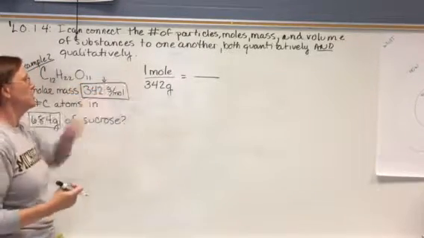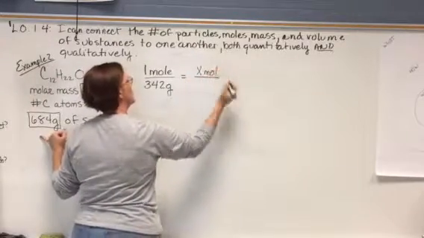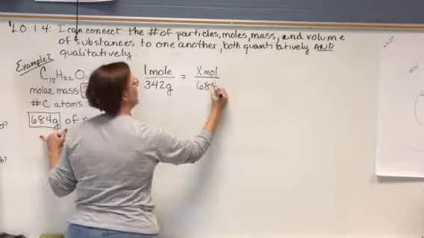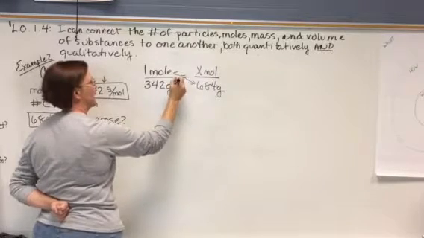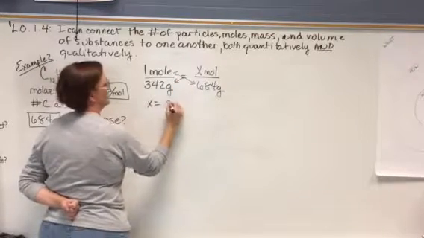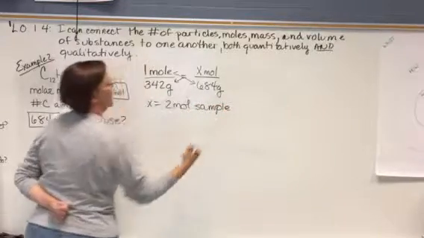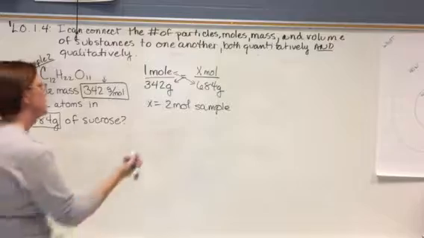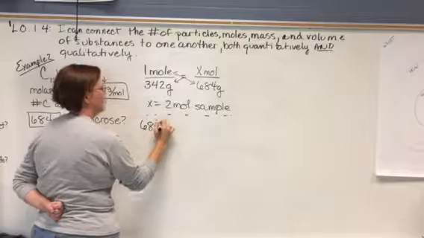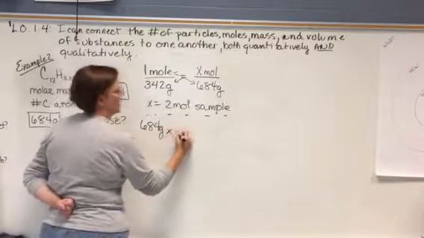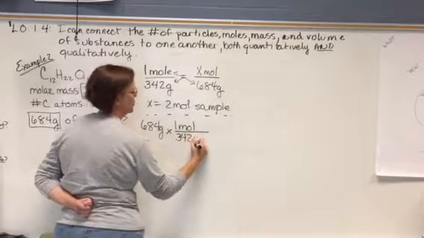So if 1 mole weighs 342 grams, then X number of moles will weigh 684 grams, which if you do your cross multiplication and division, you come up that it is a 2 mole sample. Okay? You can also set that up with dimensional analysis, in which case, I'll do that real quick, where we have a 684 gram sample that they give us, and we are told that 1 mole of the sample weighs 342 grams.